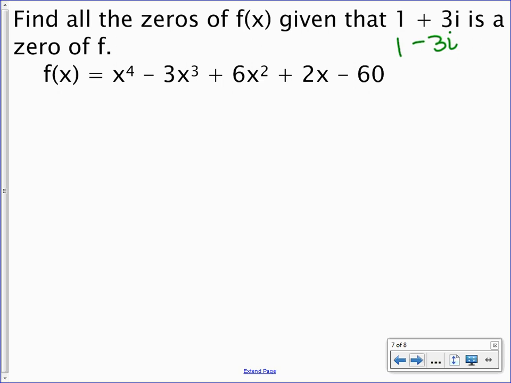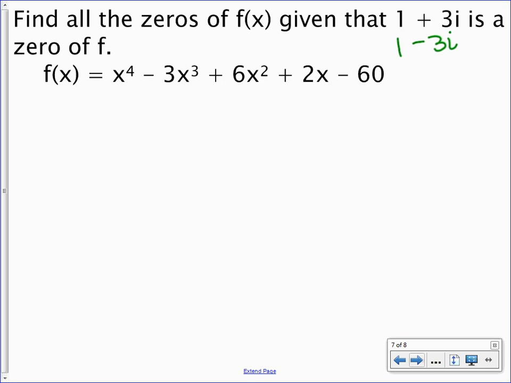Okay, we can do synthetic division with 1 minus 3i, and then do synthetic division with 1 plus 3i. Is that our only option? Matt, you're shaking your head. What's our other option?